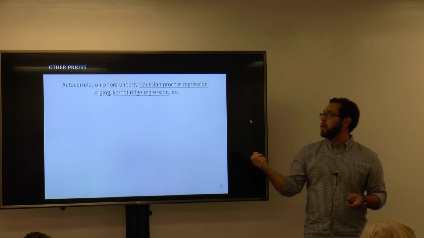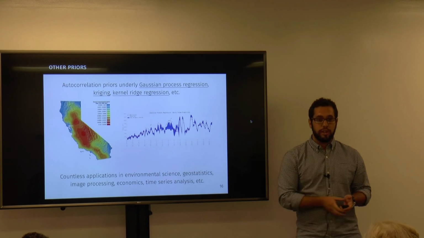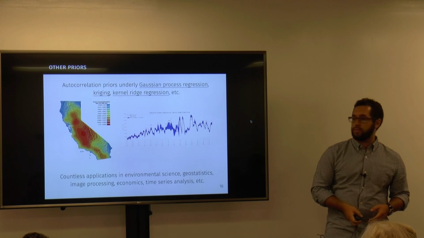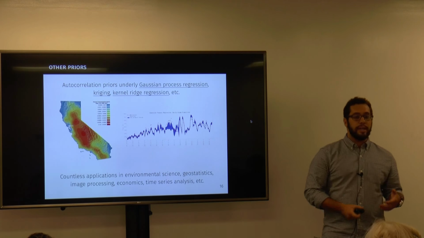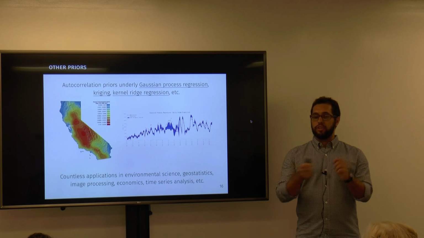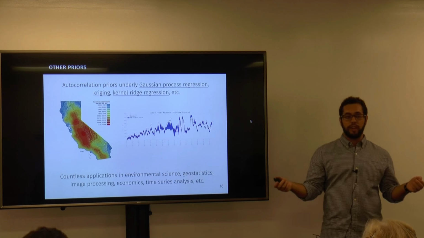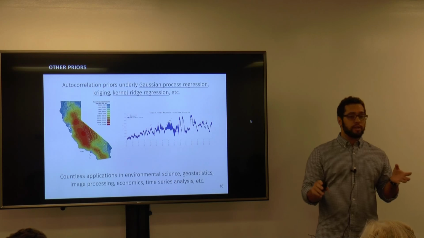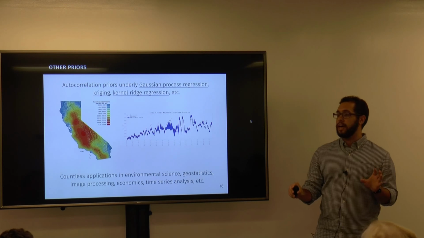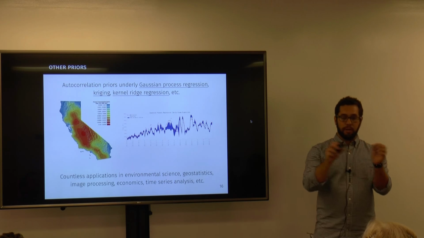Autocorrelation priors underlie Gaussian process regression, if you've heard of that. Kriging is really the same thing, except that's what they call it in the geosciences. Also kernel ridge regression in machine learning. In all of these cases, you're taking a signal, assuming it's generated by some random process, and putting a prior on its autocorrelation function. We're not going to go through the details, but this is exactly the same as putting a prior on its power spectral density.